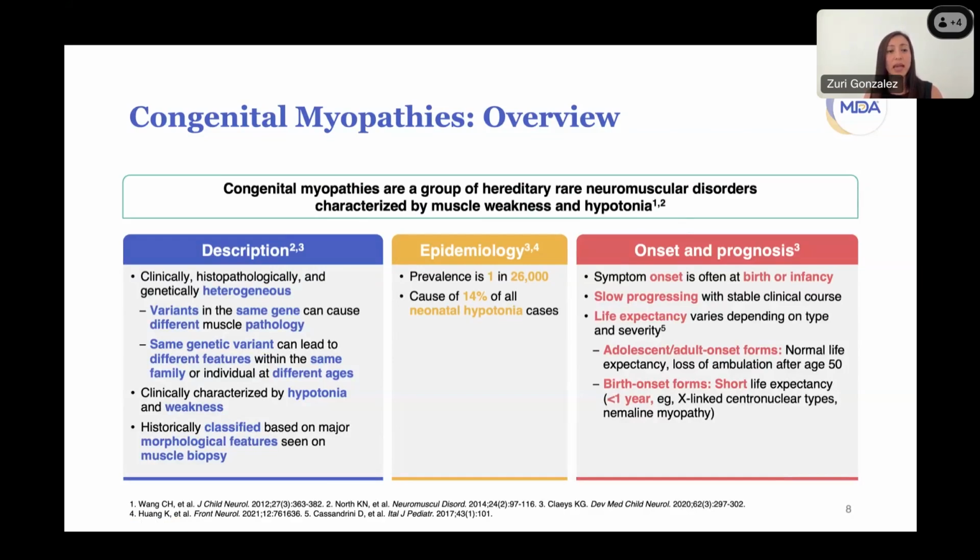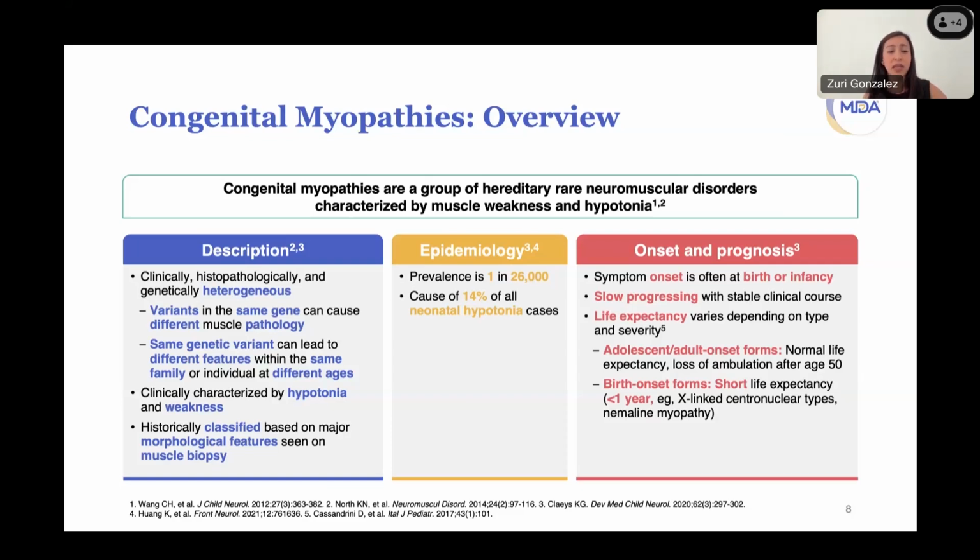This group of disorders is very heterogeneous, not just clinically, but also in terms of histopathology and genetics. For example, variants of the same gene can cause different muscle pathology, or the same genetic variants can have different features within the same family. It has also been seen that even in the same individual, we can see different features over time. So this makes this group of disorders very fascinating.